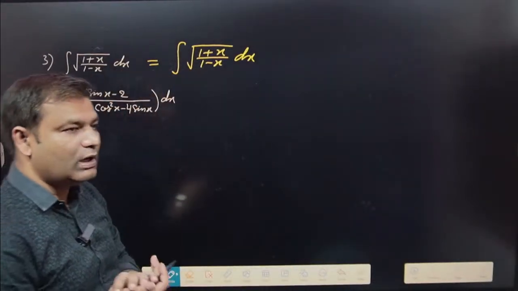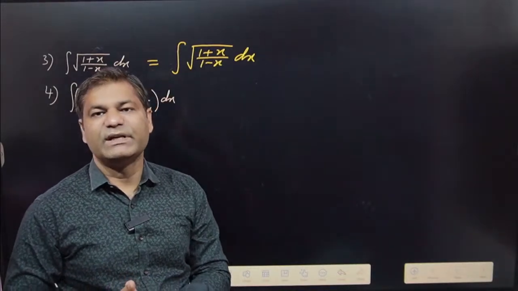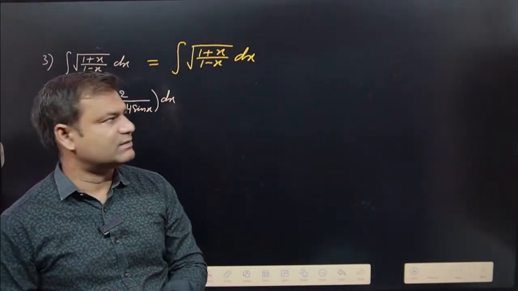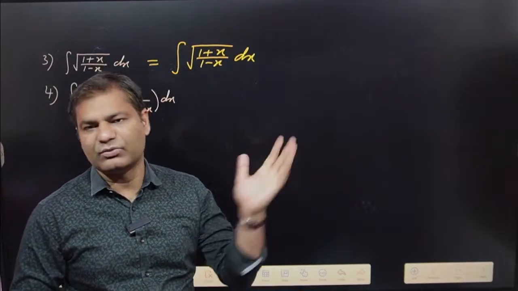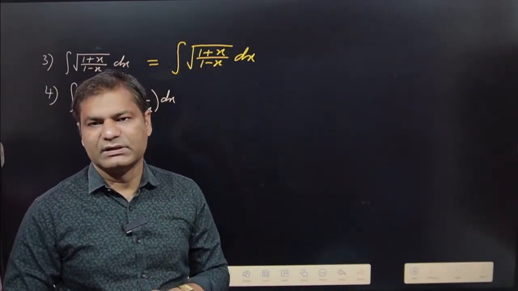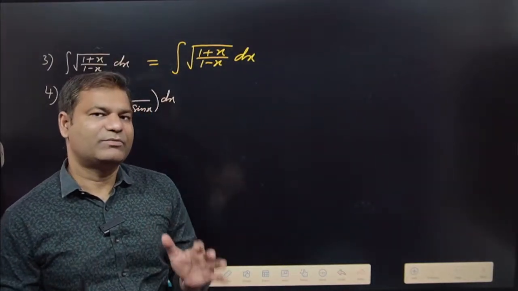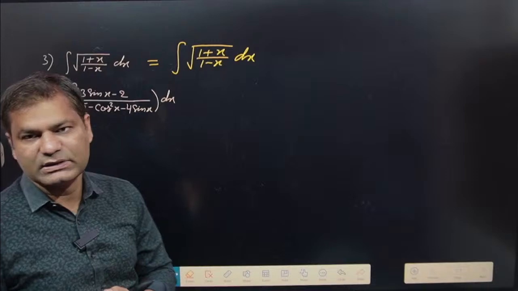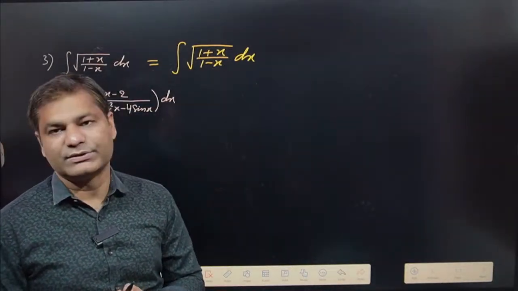look here, under root 1 plus x upon 1 minus x, which part is very complicated? You can say that sometimes 1 plus x upon 1 minus x is very complicated because under root, the root is the main problem. So how can we remove roots? Especially numerator roots.